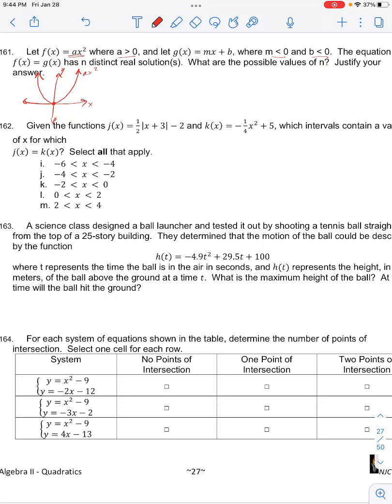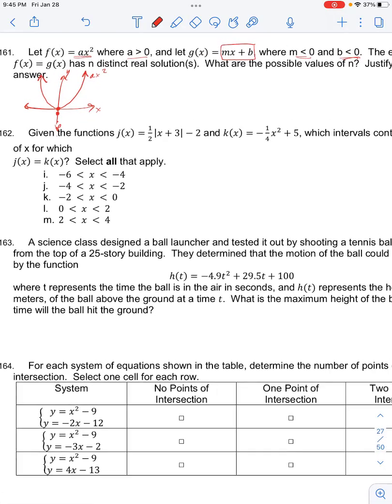And then we have g of x equals mx plus b, but m and b must be less than 0. So this means that my y-intercept has to be below this 0. It can be here, here, here, anywhere below the x-axis.